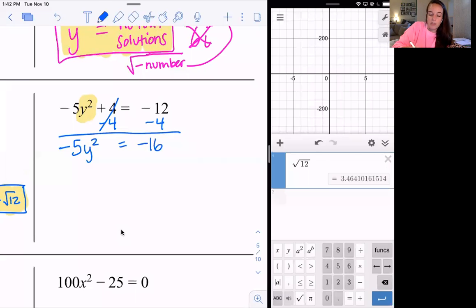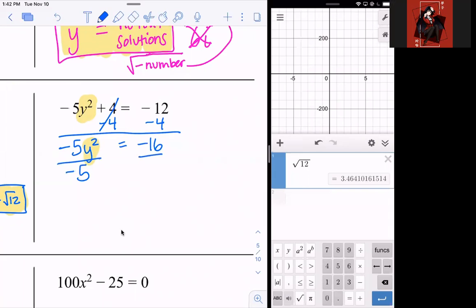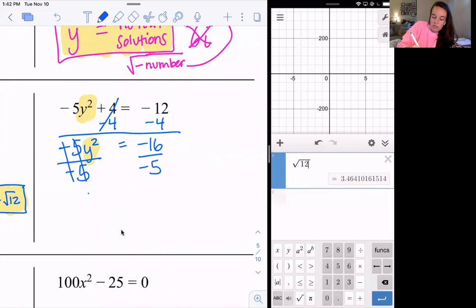And now how do I get y squared by itself? Divide by 5. What kind of 5 am I going to divide by? -5. Negative, perfect. I'm going to divide by -5 here. Yes, thanks, Samantha, in the chat as well. So y squared equals 16 over 5. That doesn't go evenly.